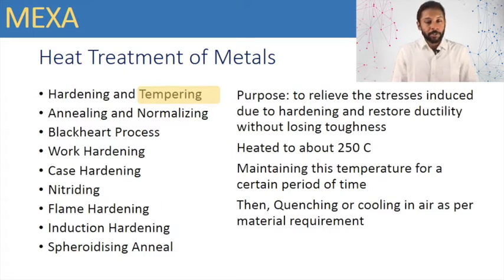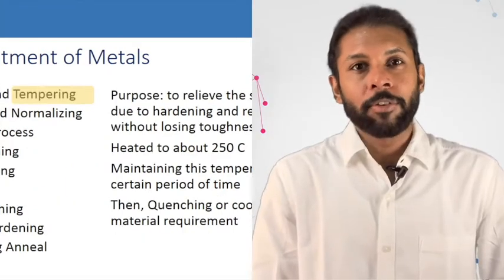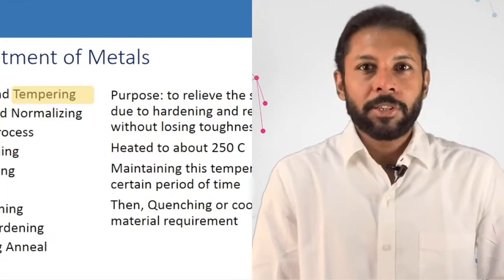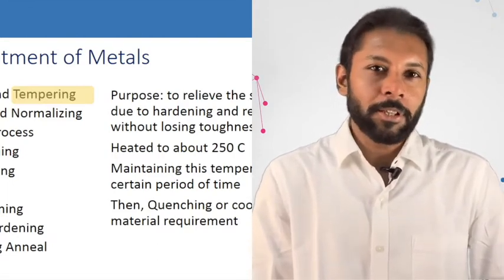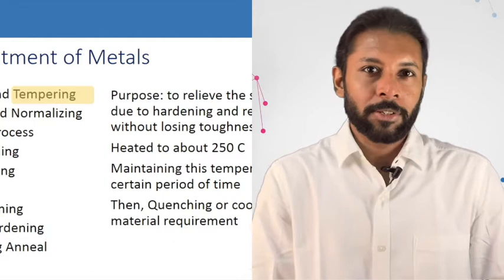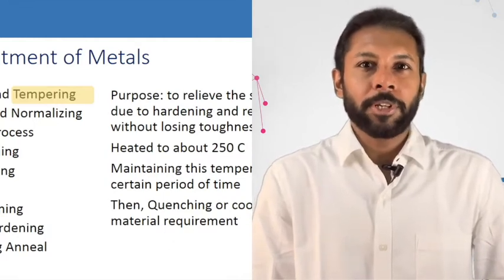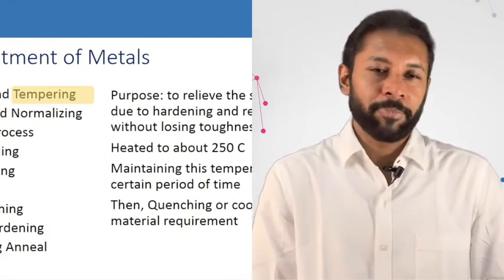Now, this depends on the mass and the degree of toughness that is required, and then quenching or cooling it in air. The combination of hardening and tempering is greatly employed with steels and alloy steels. A wide range of properties is thus available thereby.